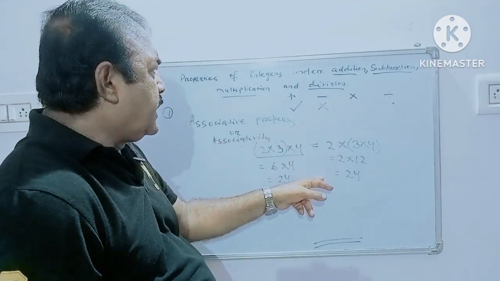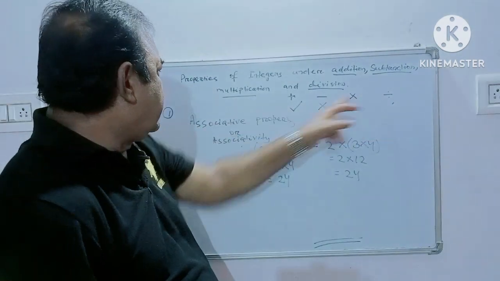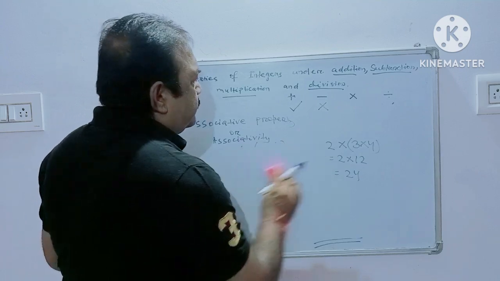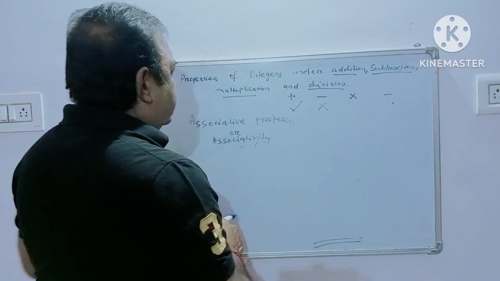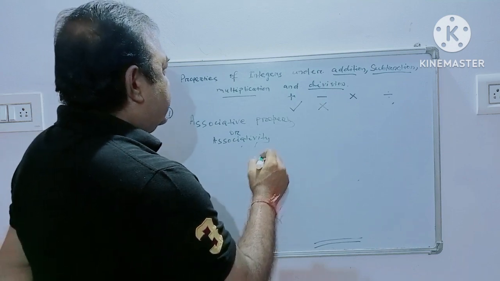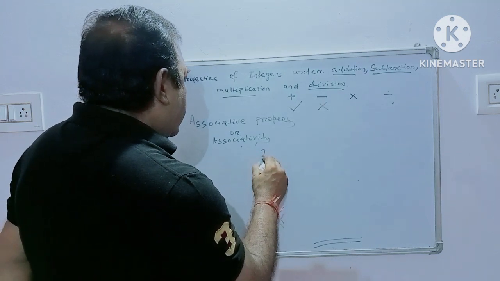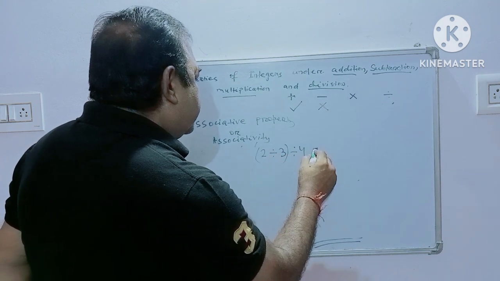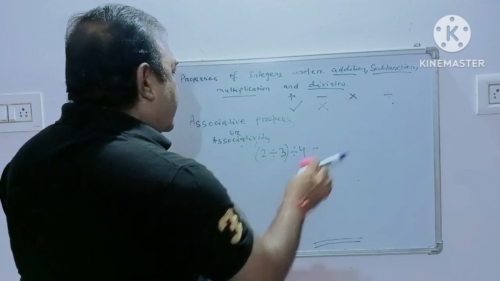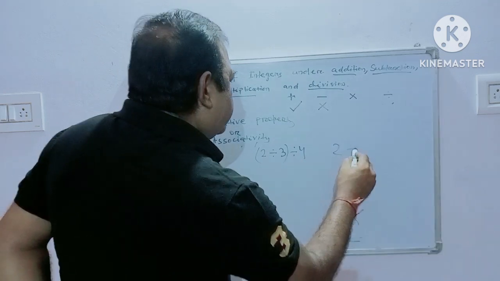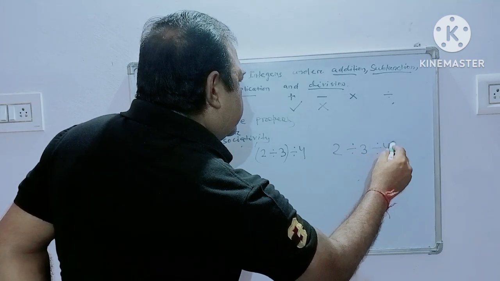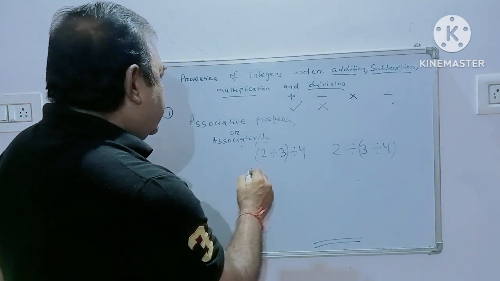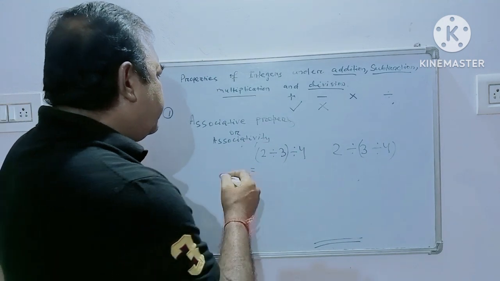Also we will test the division operation for the associative property, whether this holds good or not. You see, whether it is equal to, we will have to prove. So let's simplify it.